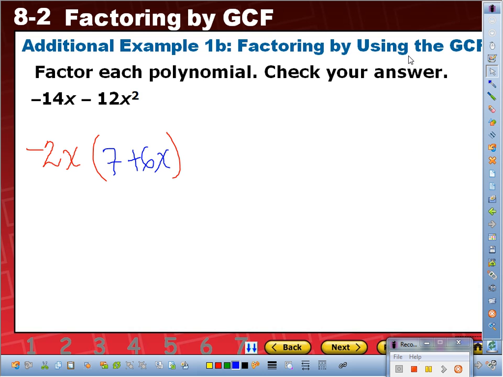So what if it was negative 14 minus 12? That's what I'm saying. The numbers, you factor out the number. Not the variable, just the number. Okay, here we go.